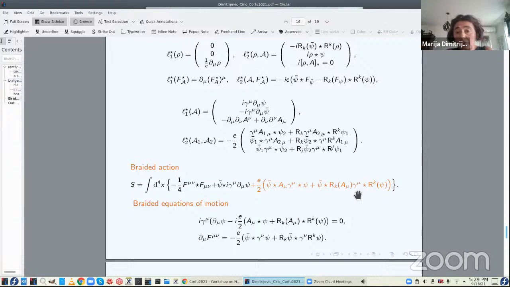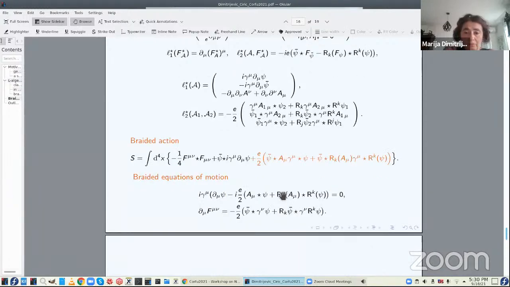And there are then definitely some new properties. The action is real. That is also very nice because of this R matrix term that, combined with this, kills all the imaginary terms or the odd orders of the star product. So the action is really real when you expand it.